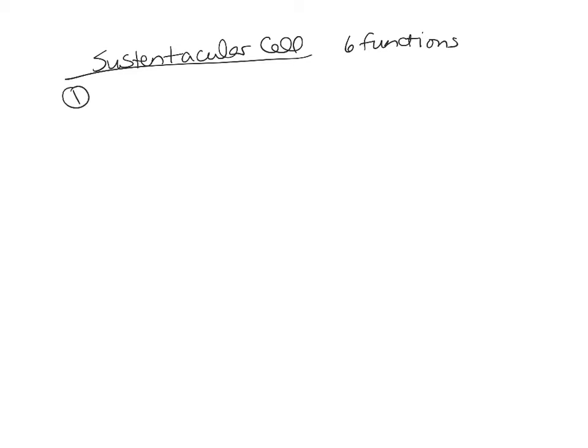First of all, it maintains a barrier called the blood-testis barrier. This blood-testis barrier isolates the seminiferous tubule from the general circulation. So it prevents anything in the general circulation from getting to those developing sperm cells.